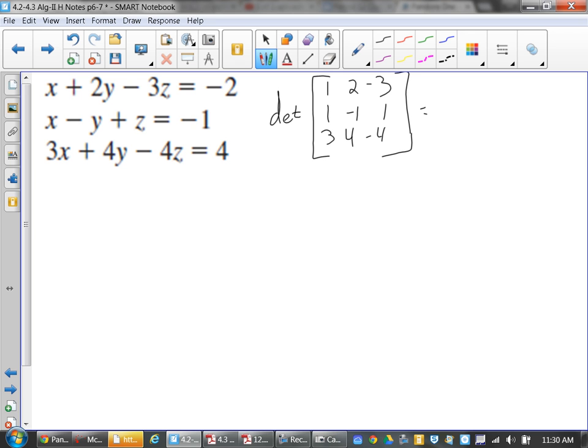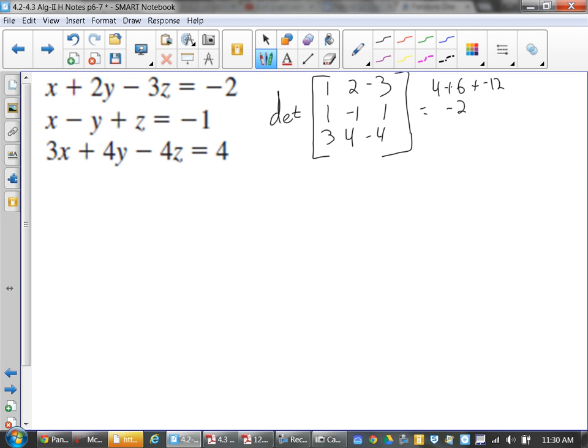Remember Chutes and Ladders. Go down first before you can go back up. Plus negative 12, so that's 10, so that's negative 2.